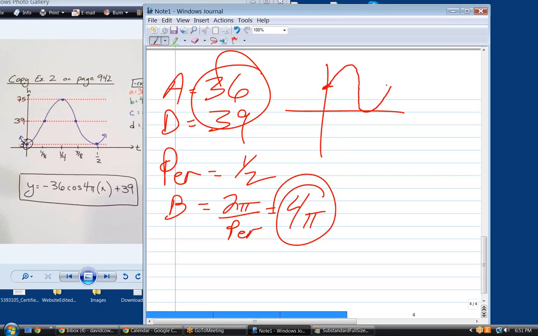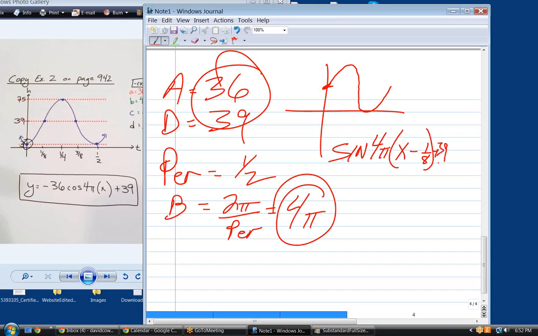Well, that's a sine curve. So for this curve, I have a choice. I can call it a negative cosine curve with no phase shift, which is what they did. Or I can call it a sine curve that's been moved to the right by 1/8. So I could also say it's the sine of 4 pi times (x minus 1/8), plus 39.